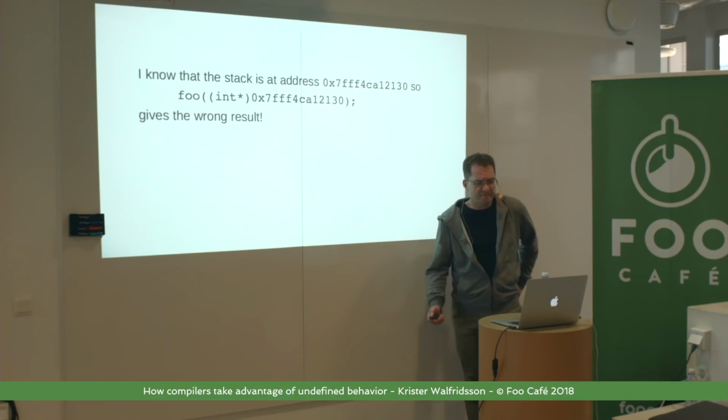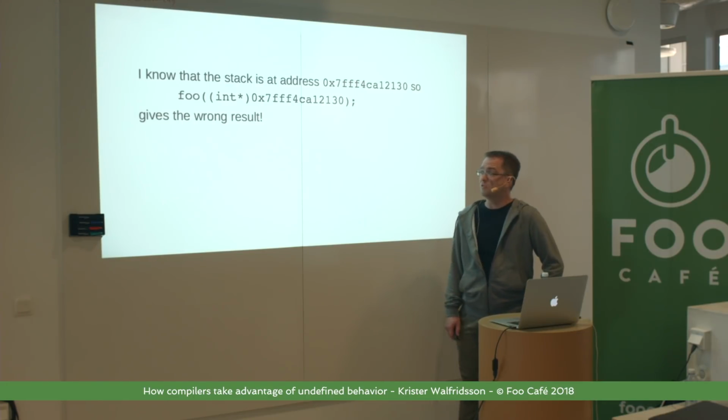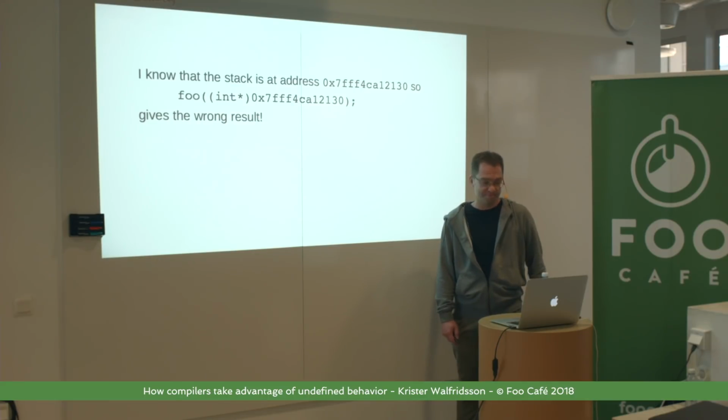So we come to this: I know which address my stack is on. If I send this address into Foo, then Foo will give me the wrong result, because I expect it to give me 5 instead, because I give it the first address on the stack, so it should overwrite the first element.